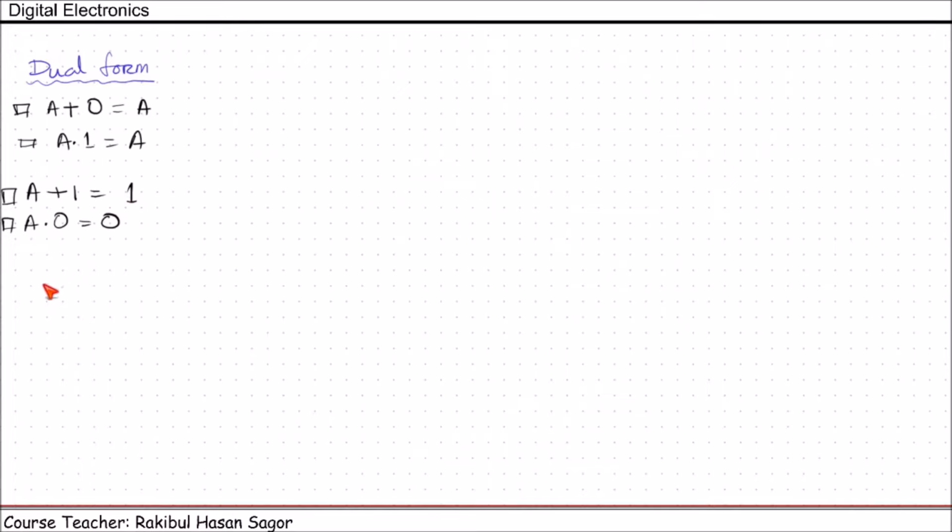Again, in one of our previous examples, we found that xy plus x prime z plus yz, the simplified version becomes xy plus x prime z.